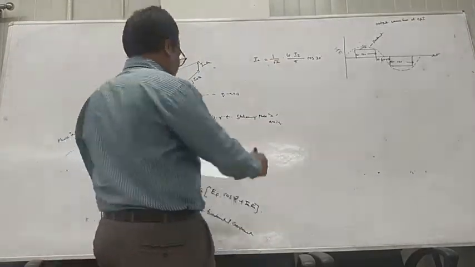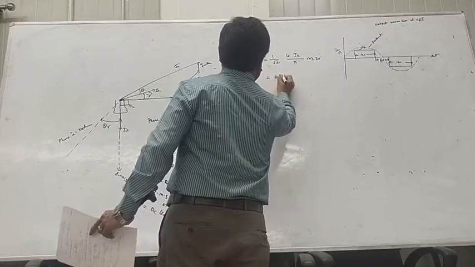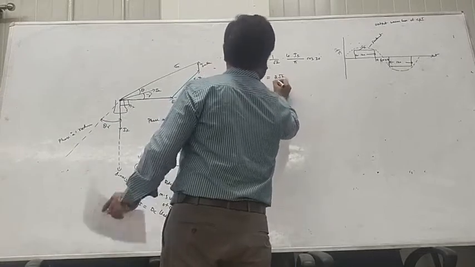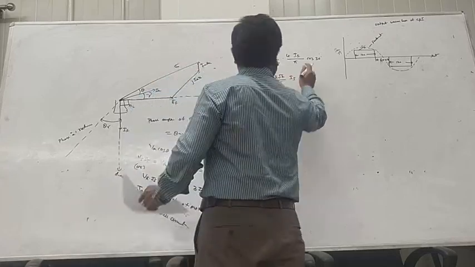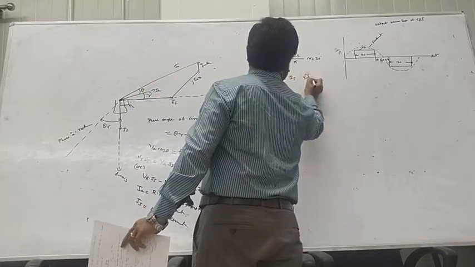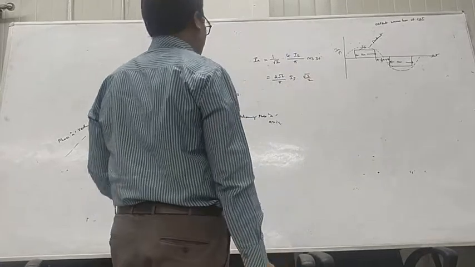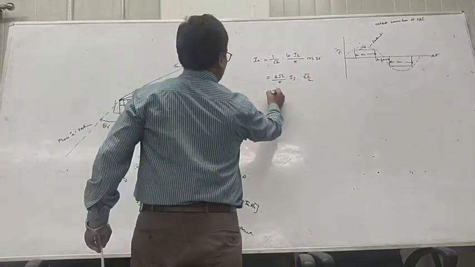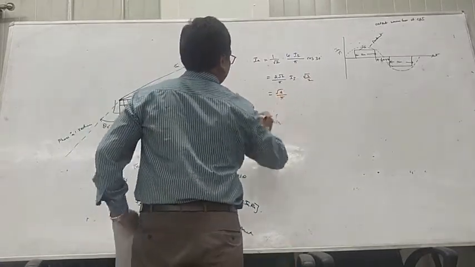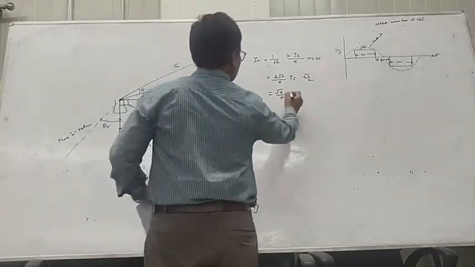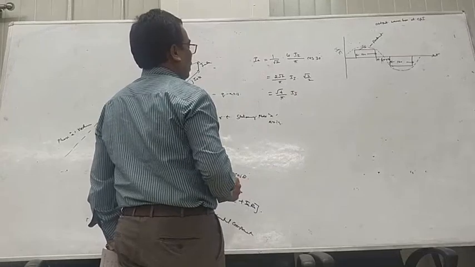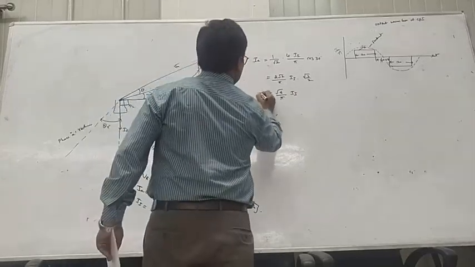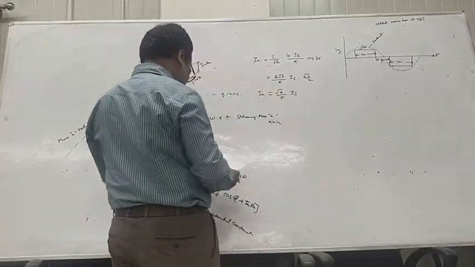So if you simplify this, 2 root 2 by pi II into cos 30, which is root 3 by 2. So if you simplify this, IA is equal to root 6 by pi II.